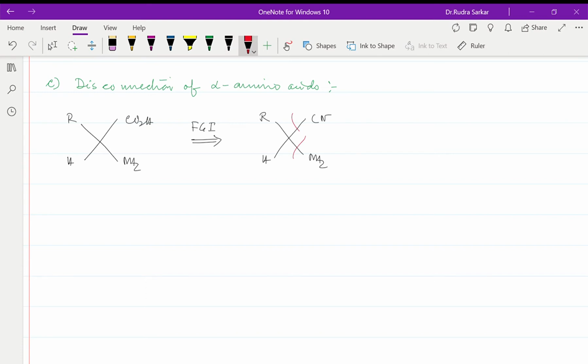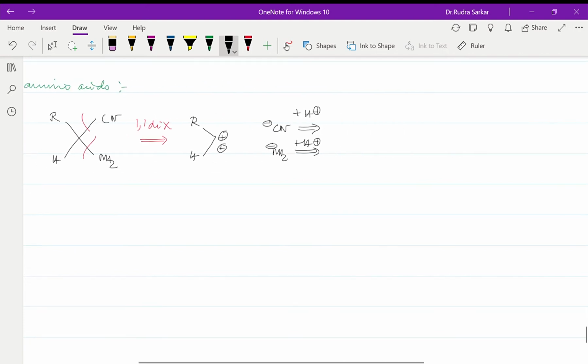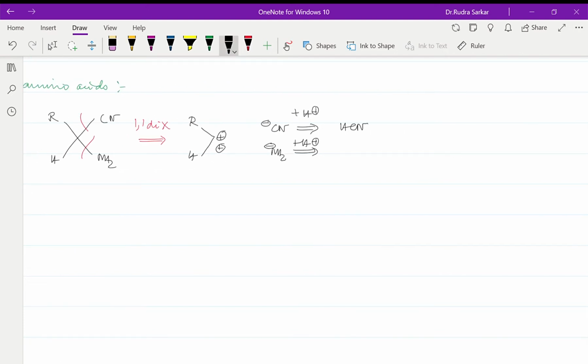Then we will do the 1,1 disconnection. That would generate RH plus the synthons, and we have CN minus and NH2 minus, for which the reagents obviously will be, if we do addition of proton for both the synthons, we get HCN and NH3 correspondingly.